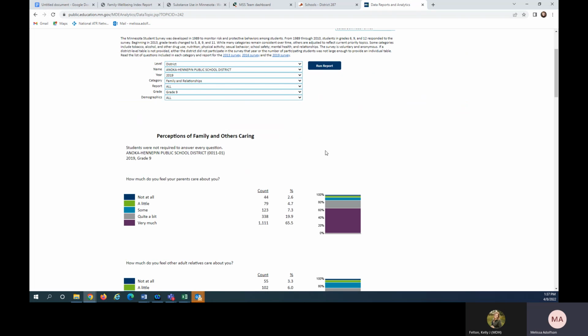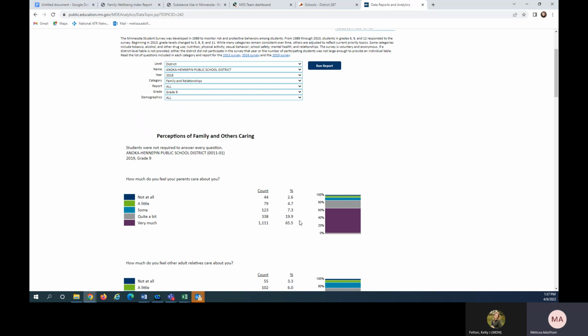So in this first set, we can see the percentage of Anoka-Hennepin School District 9th graders who responded to the question about how much they feel their parents care about them. And we find that this is a measure that's strongly associated with suicidal ideation and attempt. And there's a couple of different ways you could frame the data when using it for planning or sharing it with community partners.